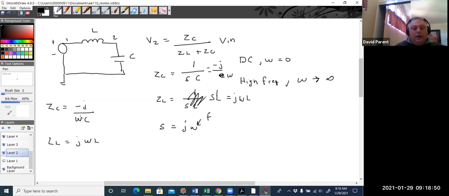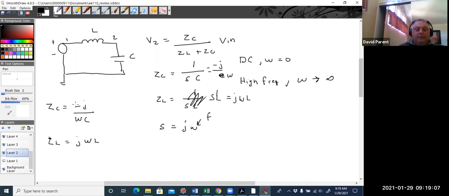Right? As omega increases, the impedance of the capacitor goes down. As omega increases, the impedance of the inductor goes up.